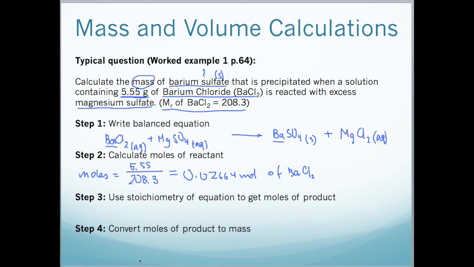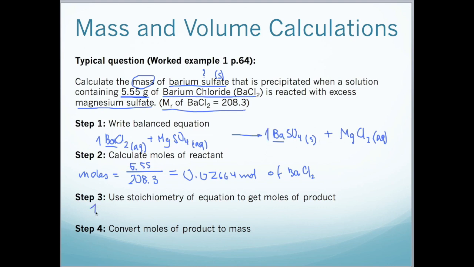Step 3, use the stoichiometry of the equation to get the moles of the product. What that means is we're simply looking at the ratio of the reactants and the products. Because this equation doesn't have any coefficients, we can see that we don't usually write 1, but we can do that here. So when 1 mole of barium chloride reacts with magnesium sulfate, we produce also 1 mole of barium sulfate.